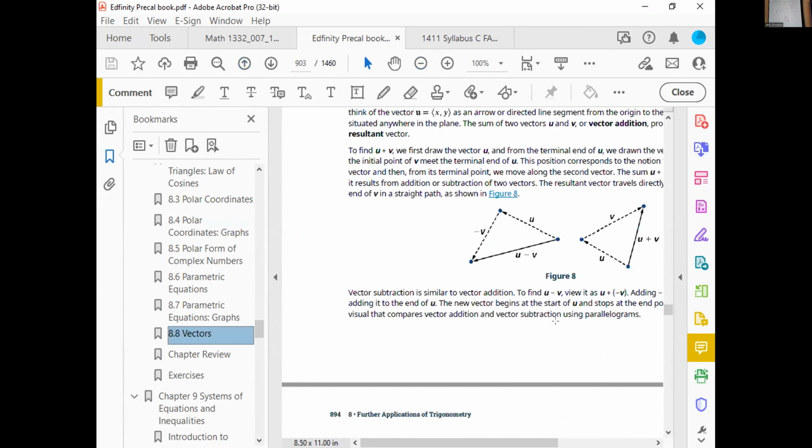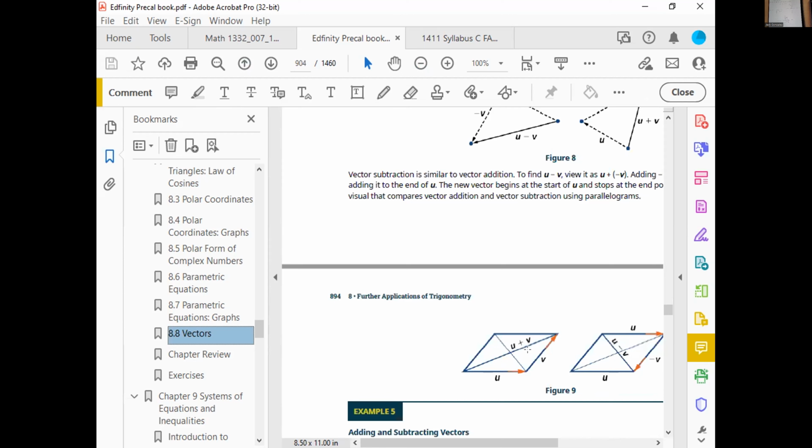Here we go. So this is the idea. You have a U, and then you have a V. You connect them like this, tail to tip, and then you draw a hypotenuse. That's U plus V. Does that make sense?